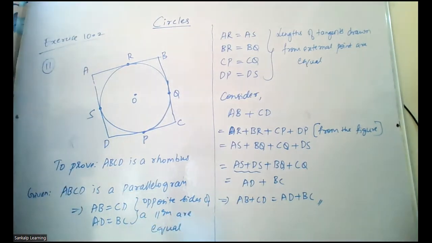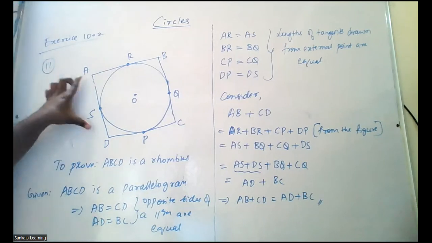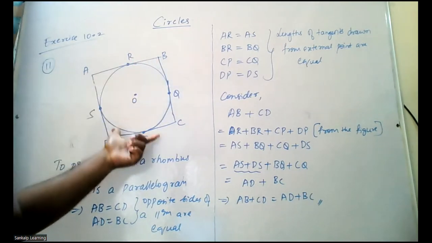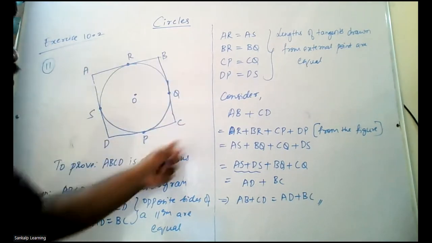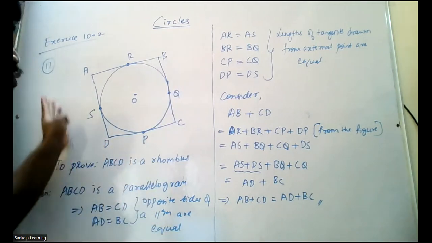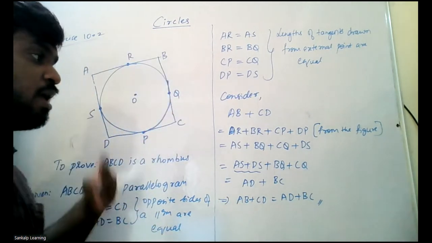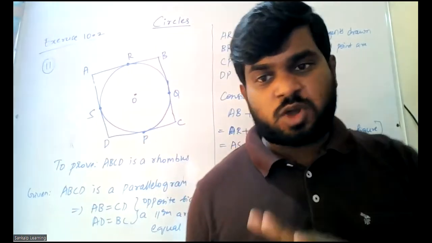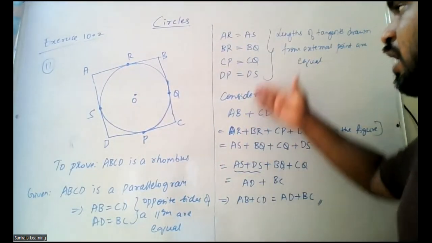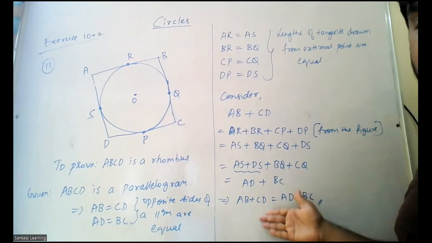Suppose I prove all the four sides are equal, then it will become a rhombus. That is all I have to prove. We're going to consider the same steps till here.